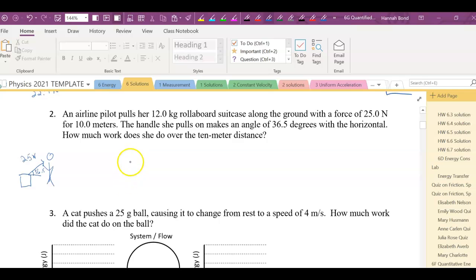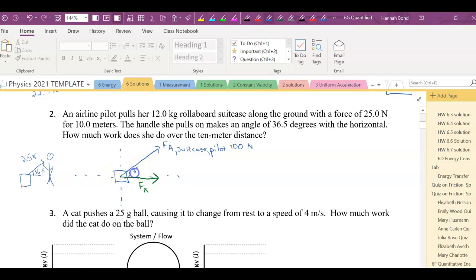Okay, so if we were to do a little force diagram for this, here is the applied force on the suitcase by the pilot, and that is 100 newtons, but we're really interested in the x component of that force, because that's the component of the force that is parallel to the displacement.